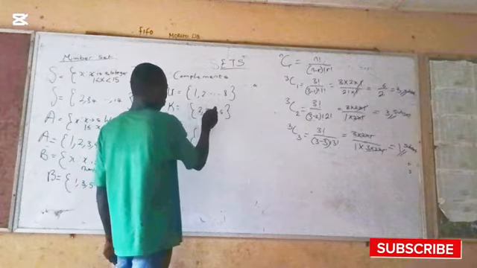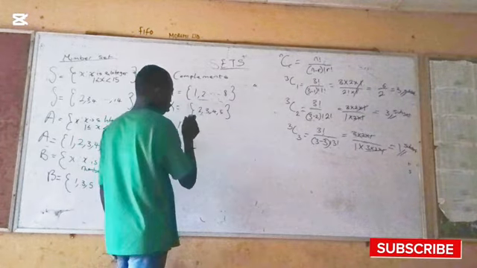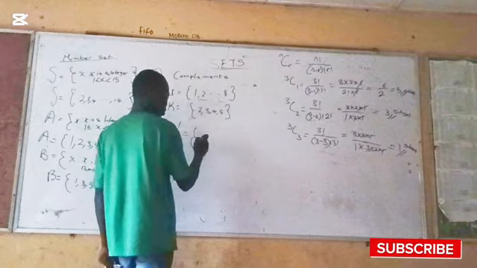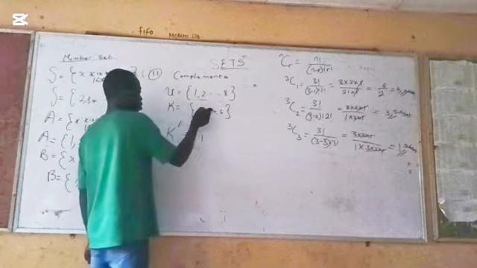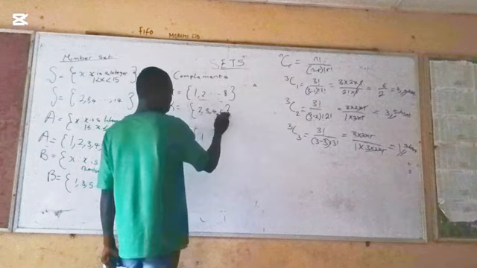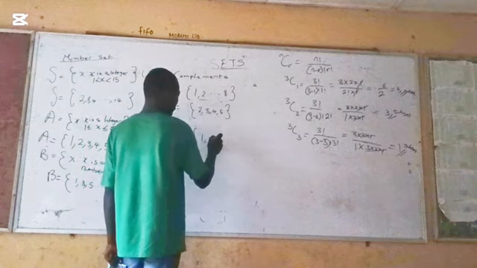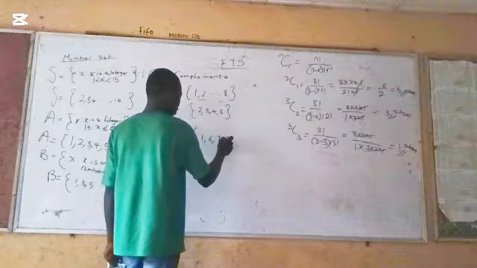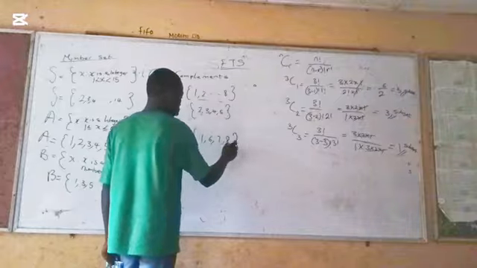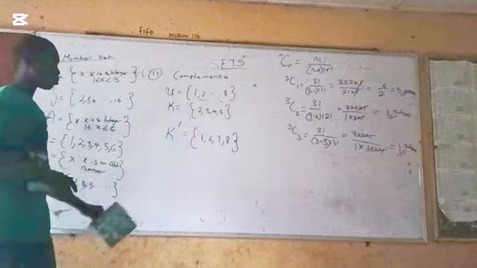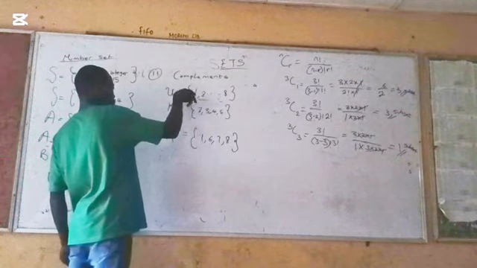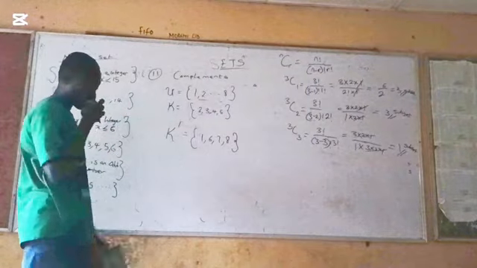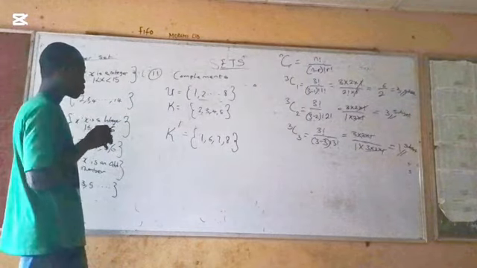When you subtract all this from your union set, you are going to have 1, 6, 7, and 8 left, right? So this is your K complement.